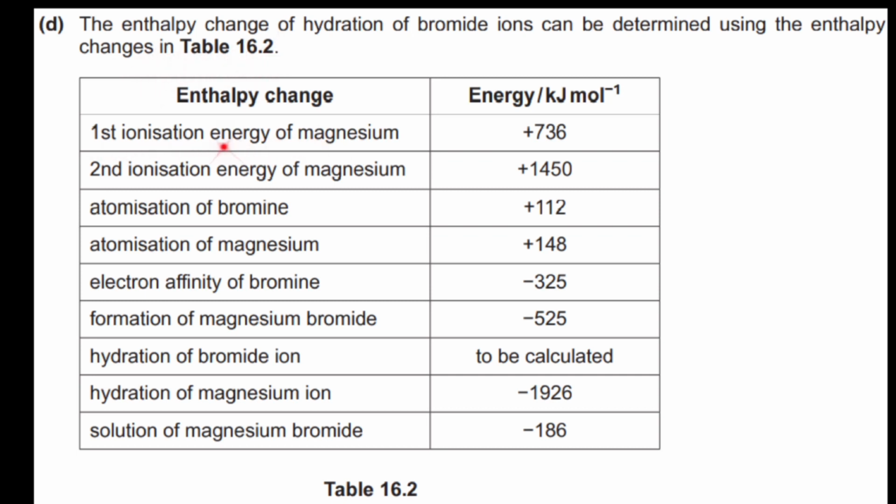So we have the first ionization energy of magnesium, second ionization energy of magnesium, atomization of bromine, that means you turn it from liquid bromine into gas, atomization of magnesium, so you turn it into gas as well, electron affinity of bromine, so you are adding an electron to bromine, formation of magnesium bromide, lattice energy, so you are forming the ionic bonding, the hydration of bromide ion, surrounding the bromide ion with water, the hydration of magnesium ion, so you're surrounding the magnesium with water, solution of magnesium bromide. And these are the energy values for this.